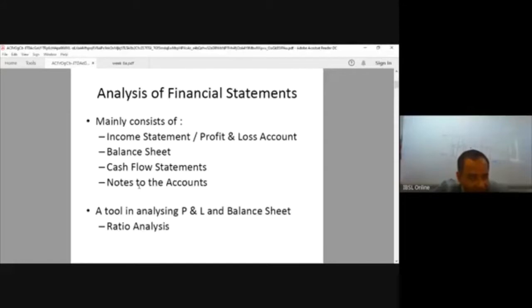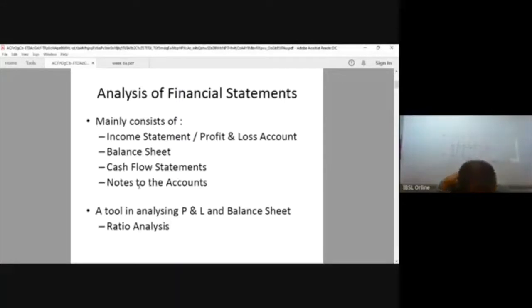Whether they will come out is doubtful, because not everybody is an expert and not everybody has that much time. So due to that, we look at the ratio analysis, which is very important for your credit appraisals as well as for your exam.